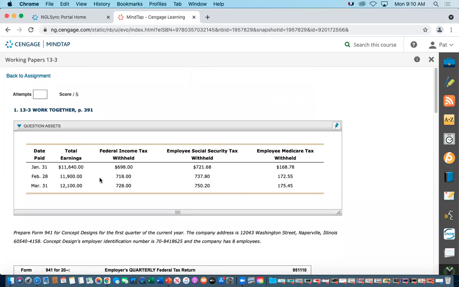So do you guys remember what this number represents? I can't highlight it, but this column represents your married chart, single chart, allowances chart. Employee income tax, this federal income tax withheld, that's what this represents. This column represents all your Social Security that you took off from the employee, and Medicare.